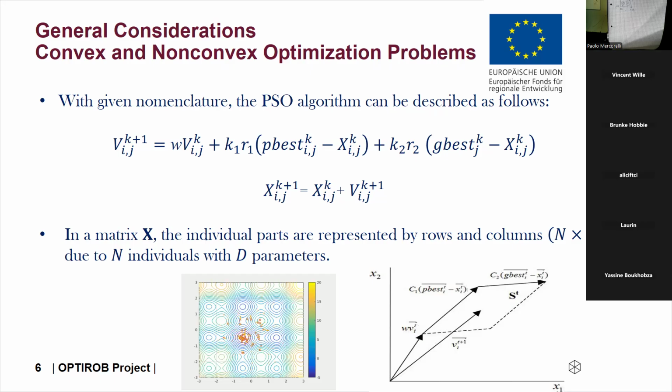But if you think that I sum up x at k plus v at k plus 1, you can think that v is multiplied by a step, and each step is the time. In the algorithms, step is the time. It's not a physical time, seconds or milliseconds, but it's the time of the algorithm.